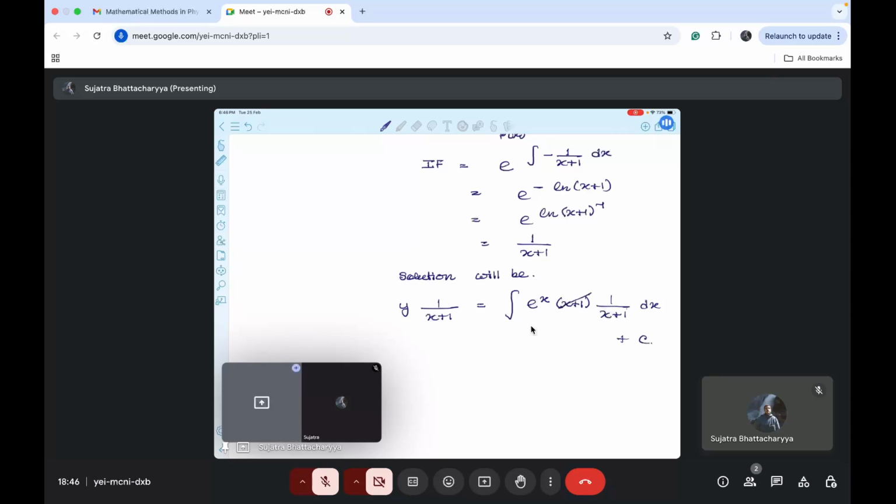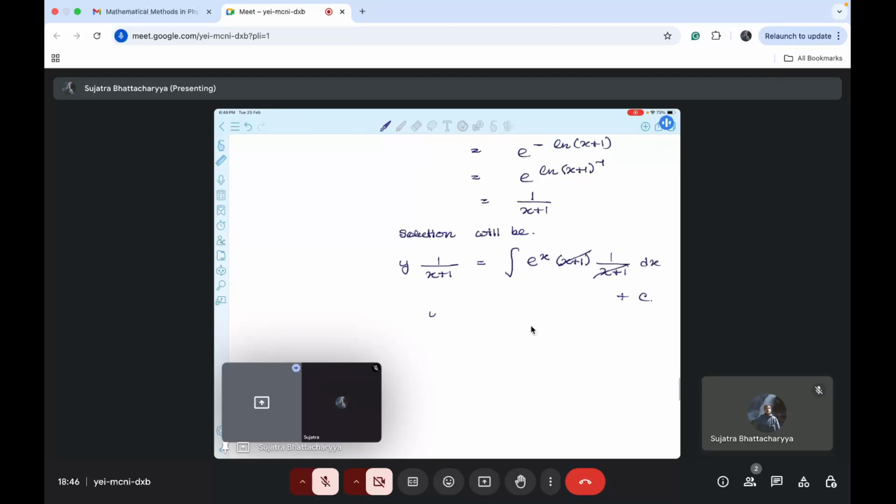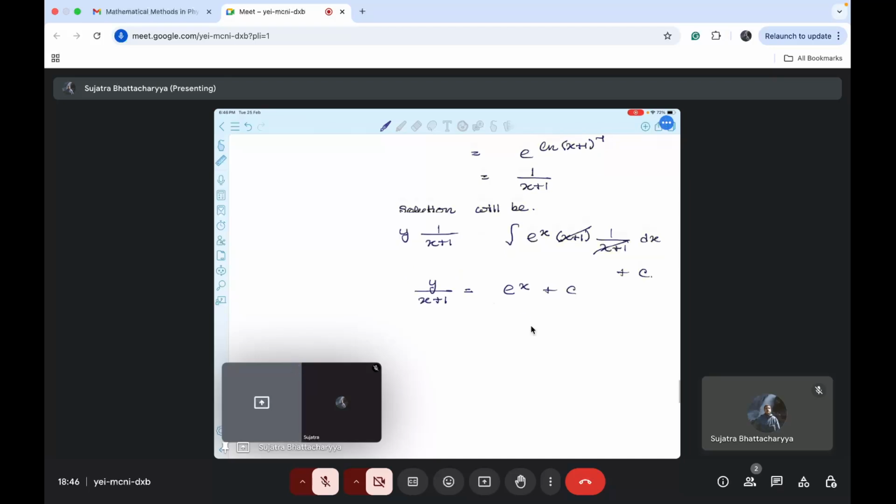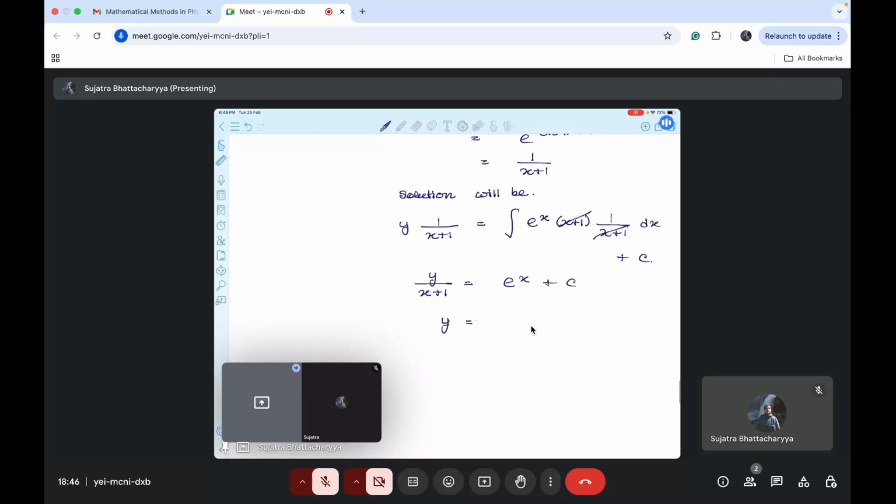The x + 1 cancels, so y/(x + 1) is equal to the integral of e^x, which is e^x + c. So y will be equal to (x + 1) e^x + c(x + 1). This is the final solution of this linear first order differential equation.